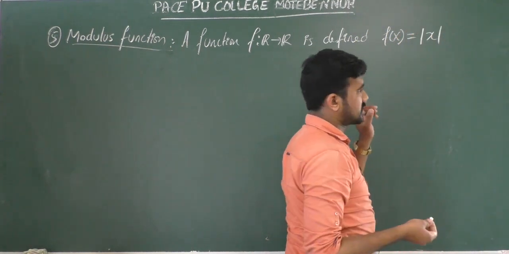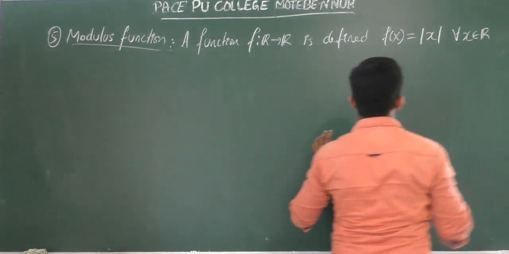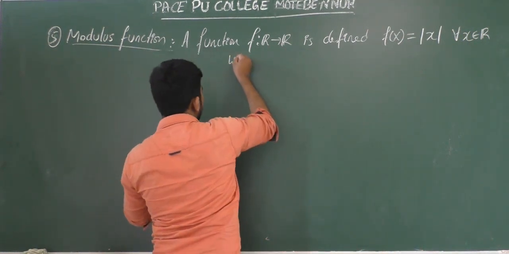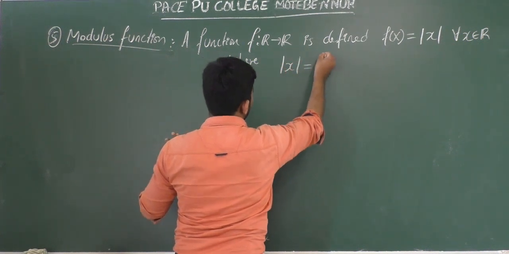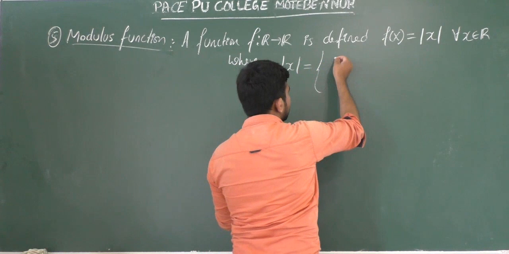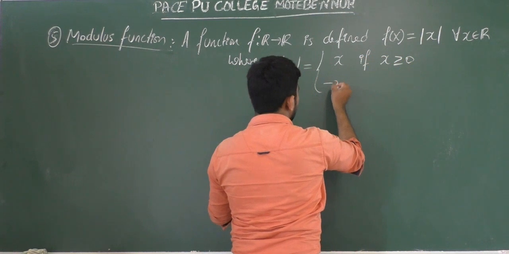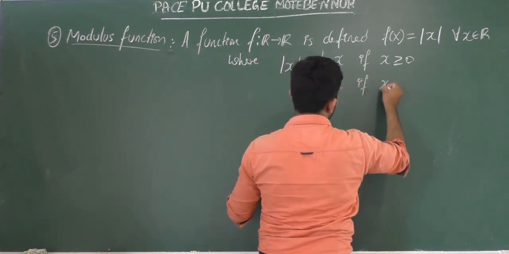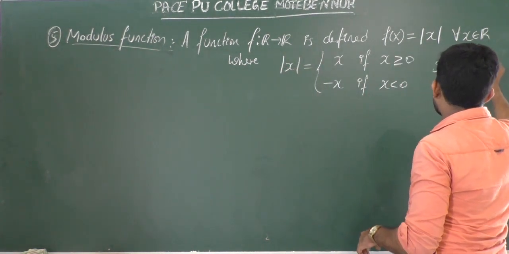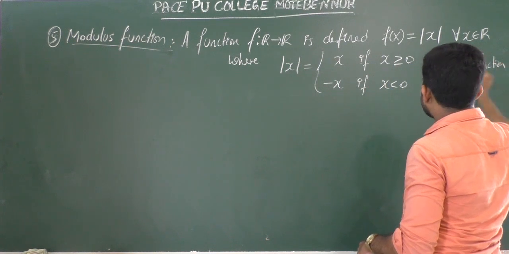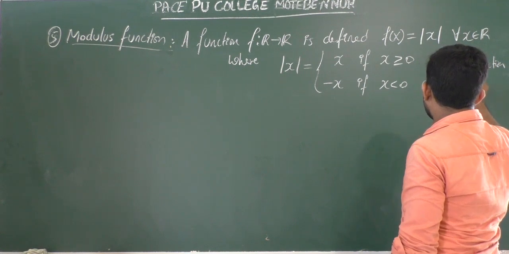This symbol is mod x, for all x belongs to R, where mod x is equal to x if x is greater than or equal to 0, and minus x if x is less than 0. Such a function is called a modulus function.